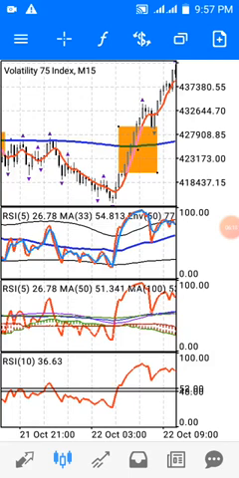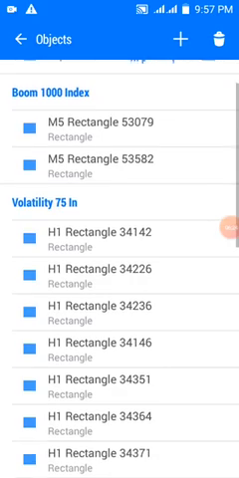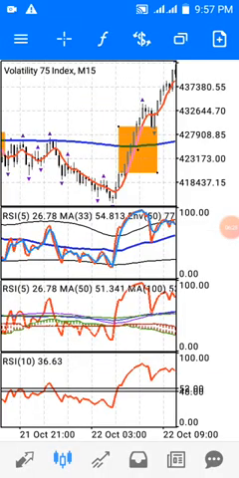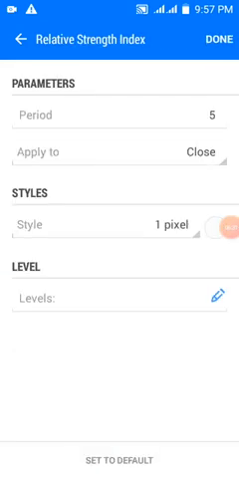Okay, let's look at the settings of indicator window 1. We have relative strength index, 5 period, applied to close.